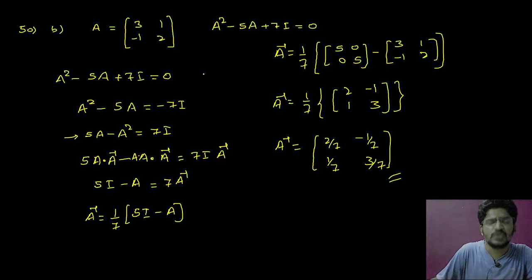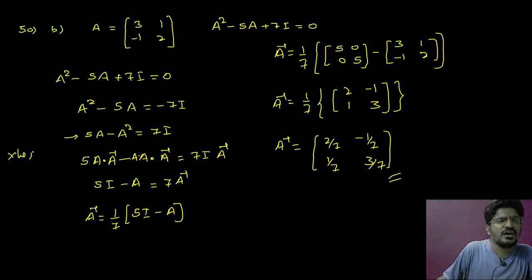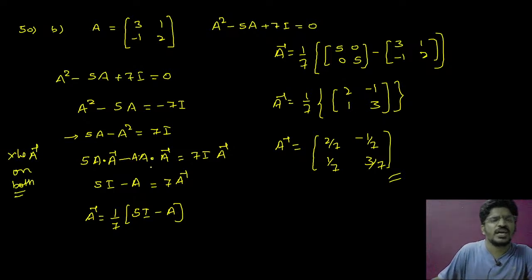A square on this side, it will be minus a square. So take this equation. Here a square is written as a into a, no problem. Multiply a inverse on both sides. So by multiplying a inverse on both sides, a inverse into a is I, a into a inverse is I into a is a. A inverse into I is a inverse.